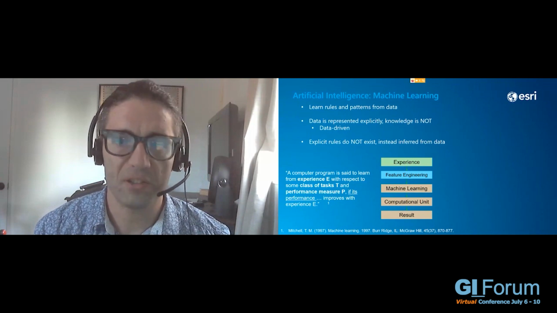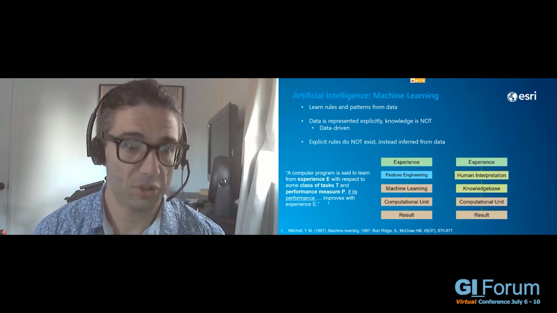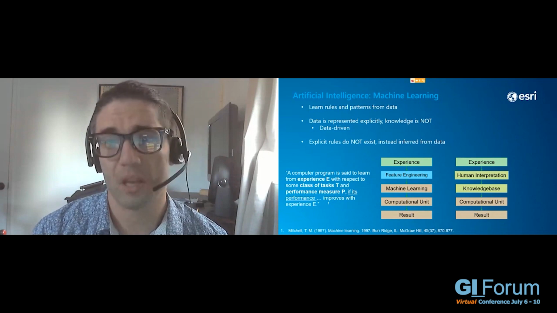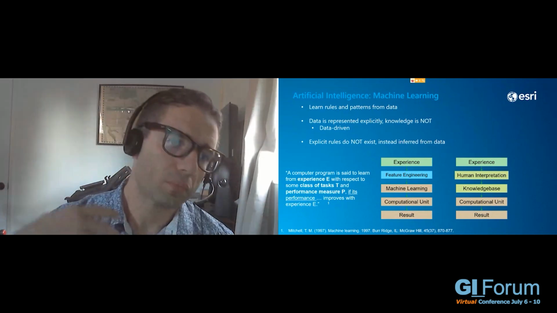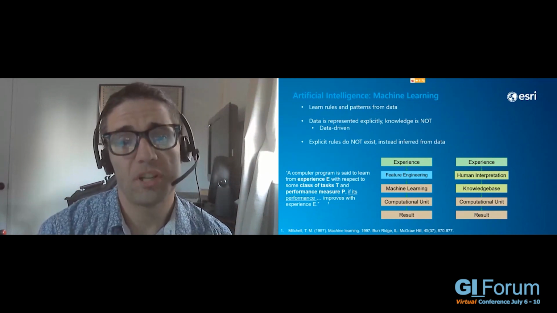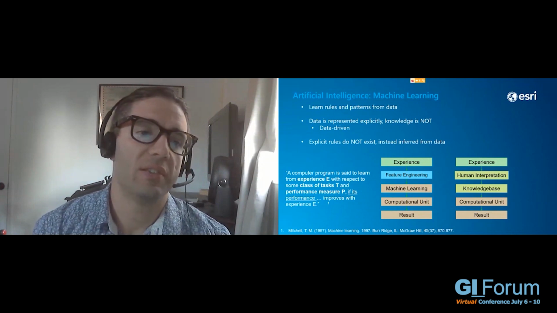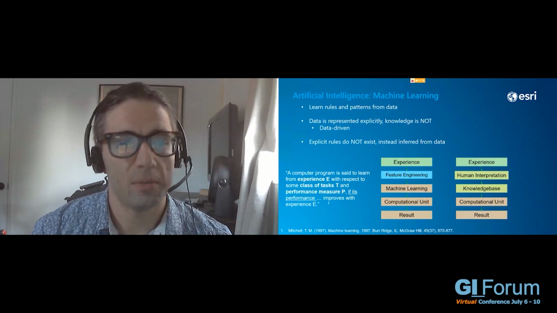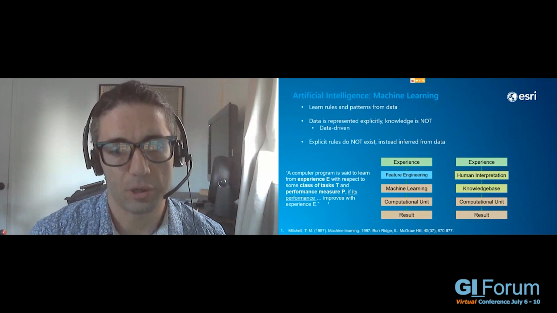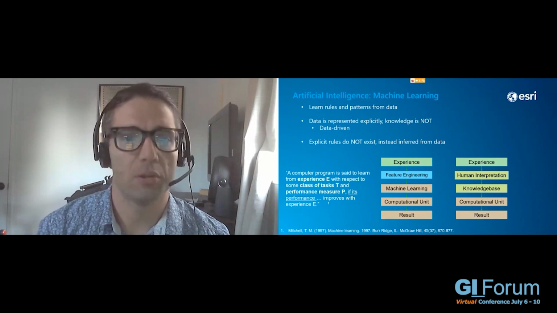So this is completely different than artificial intelligence without machine learning, because the human interpretation here is replaced with feature engineering, which is a term used for manipulating and cleaning your data and also analyzing your data. So this human interpretation piece and the creation of a knowledge base is replaced with preparing the data and analyzing your data through these statistical methods under the realm of machine learning. So this is one of the pluses of machine learning.